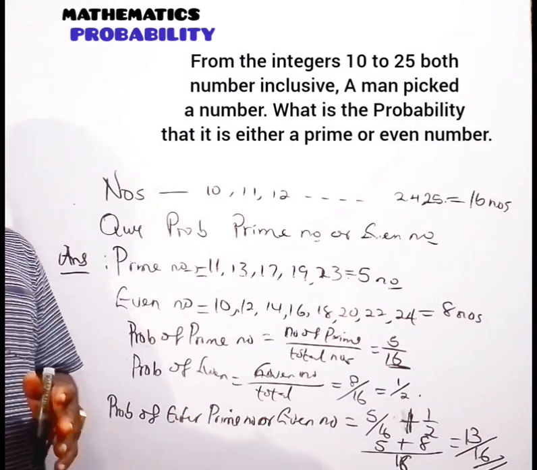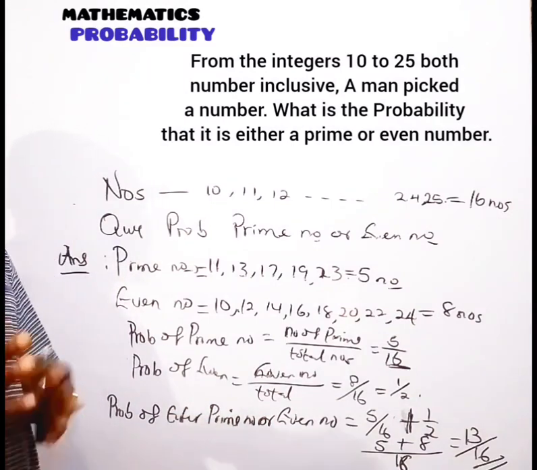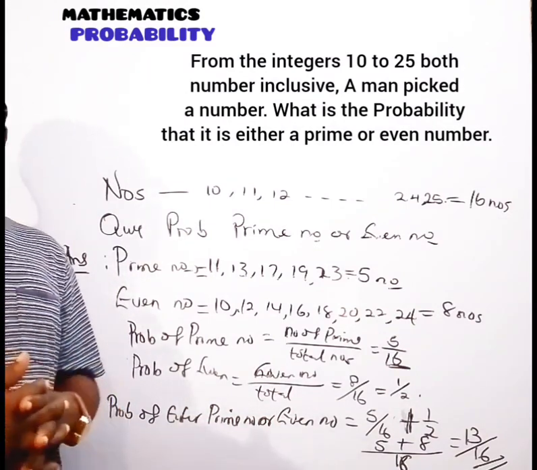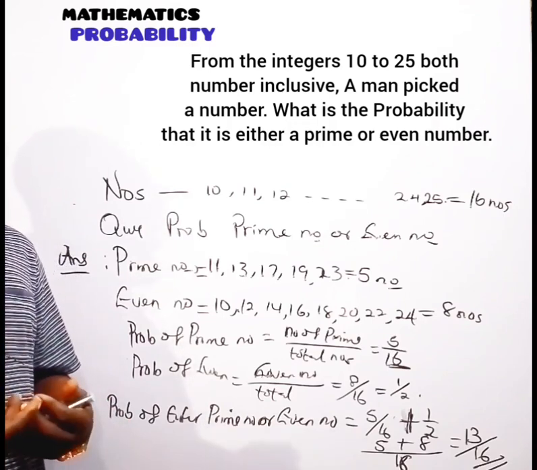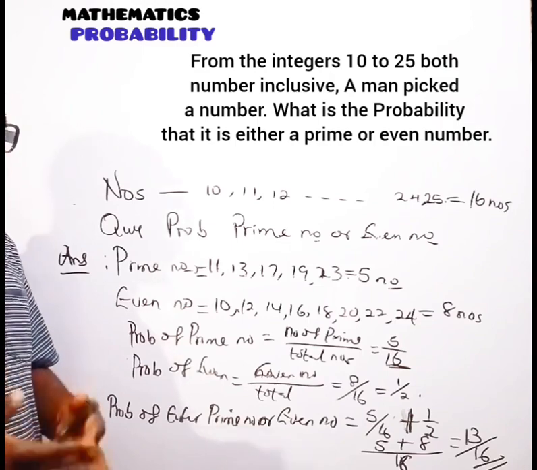Now, in a case whereby the question goes in this form, the probability of picking a prime number and an even number.